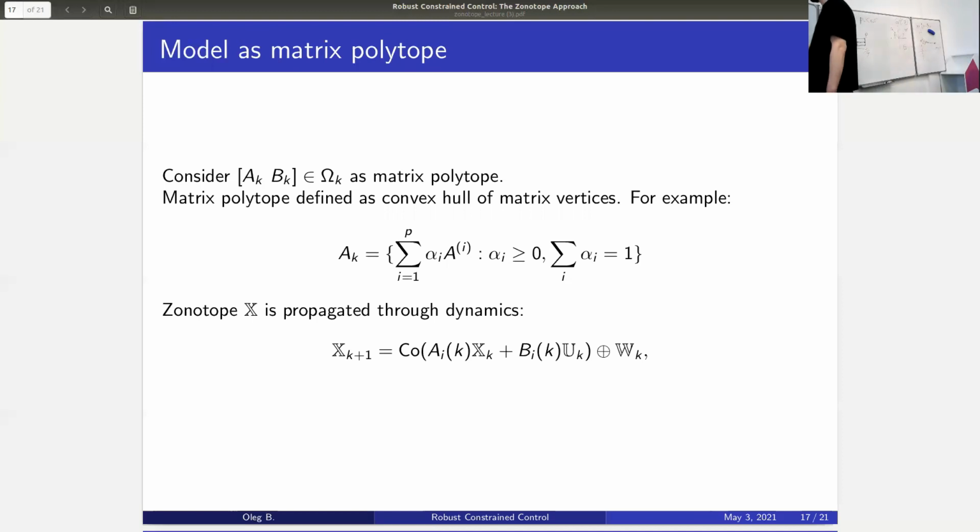Our A is a combination alpha 1 A1 plus alpha 2 A2, with alpha sum equal to 1.